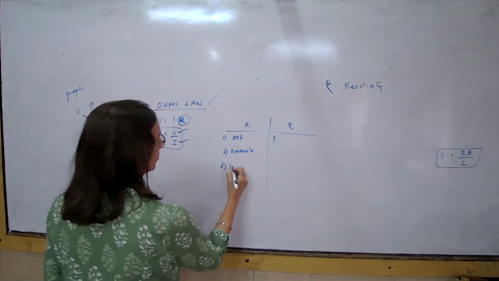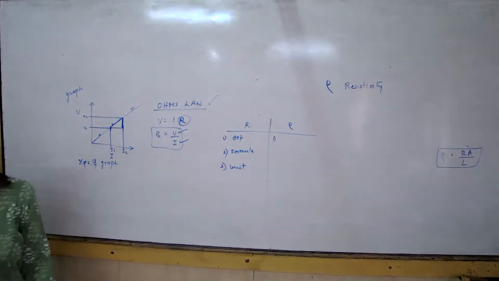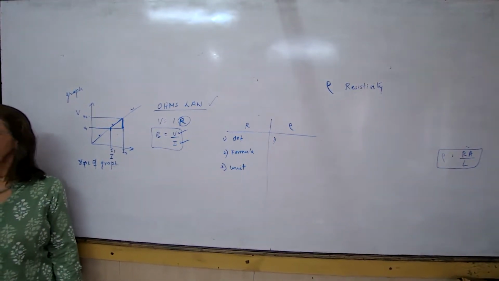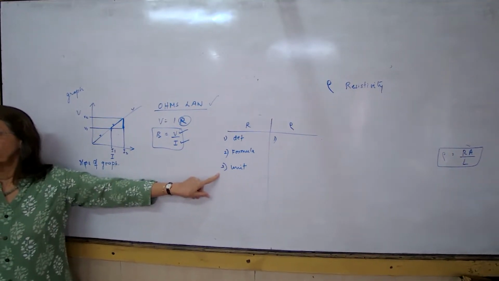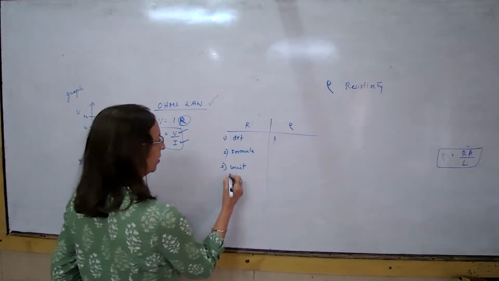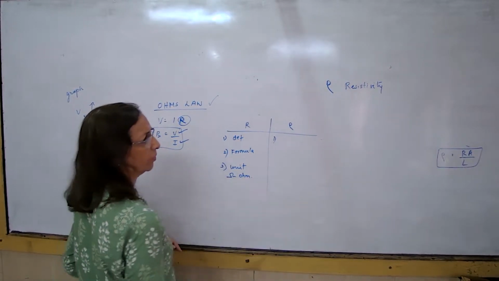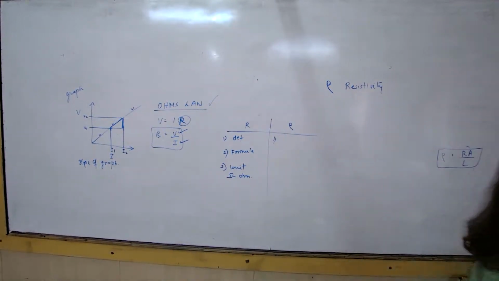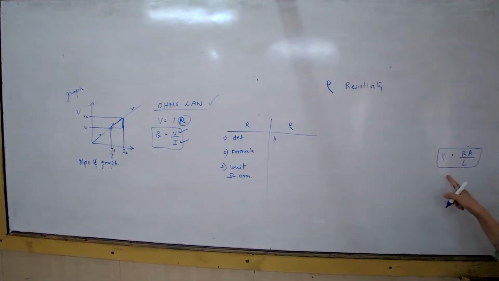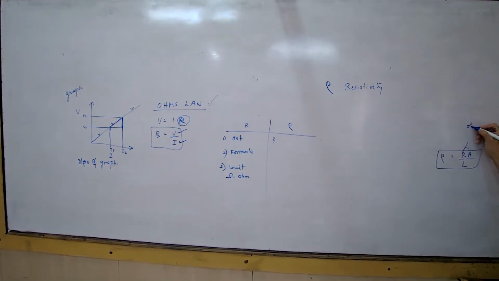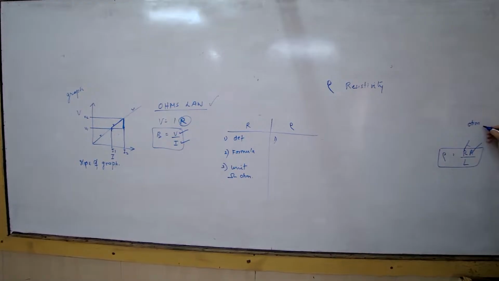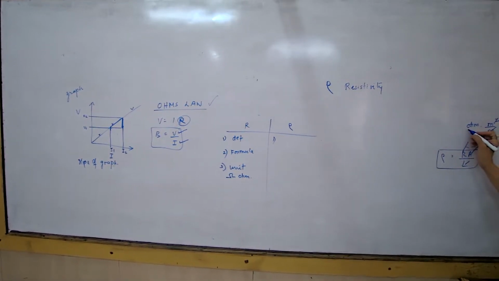Third, what is the unit of R? It's ohm. What will be the unit here? Ohm meter. How did you get it as ohm meter? R is in ohm, area is meter square, length is meter, so it will get cancelled and you have ohm meter.